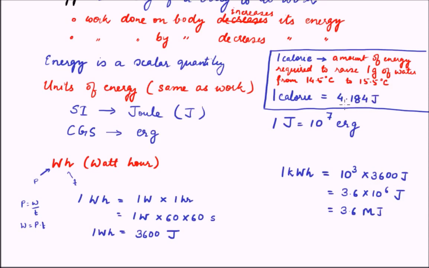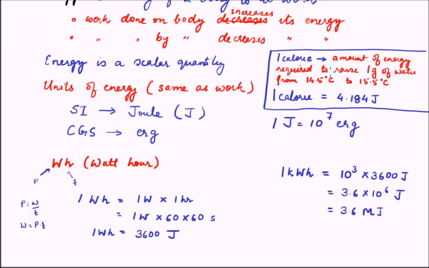Some places you might find it written as 4.18 joule, or some places it might even say 4.186 joule, but you can approximately use 4.18 or 4.184 joule. So this is the SI equivalent of 1 calorie.